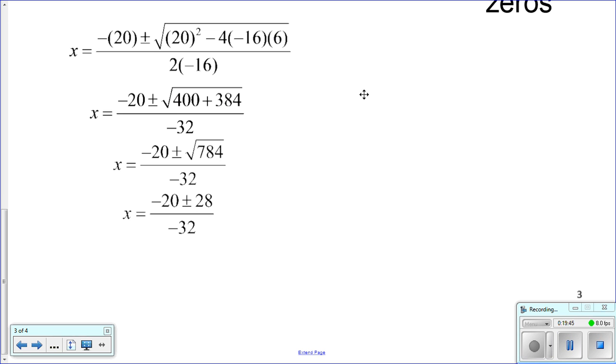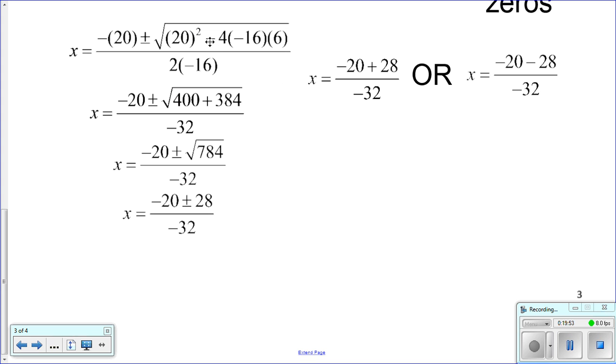So now I can go ahead and split it. It can either be negative 20 plus 28 over negative 32, or negative 20 minus 28 over negative 32. I get x is 8 over negative 32, which is negative 1/4. Here I get negative 48 over negative 32, which is 3/2.